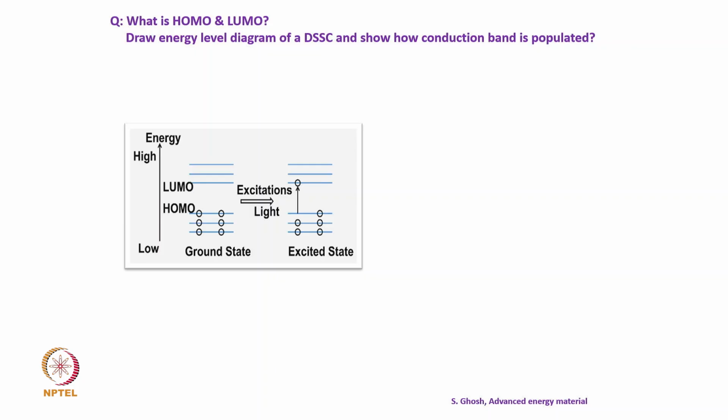We discussed HOMO and LUMO. HOMO stands for highest occupied molecular orbital and LUMO stands for lowest unoccupied molecular orbital. And when we consider these two, we actually consider what is known as molecular orbital, and for organic material the molecular orbitals are important.